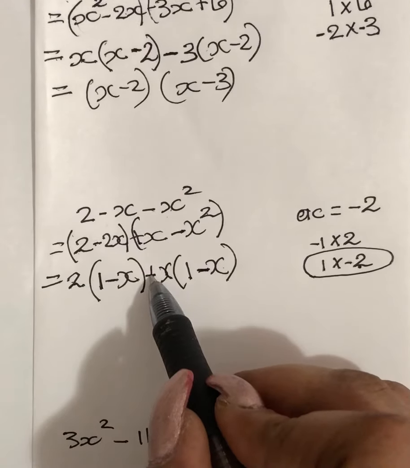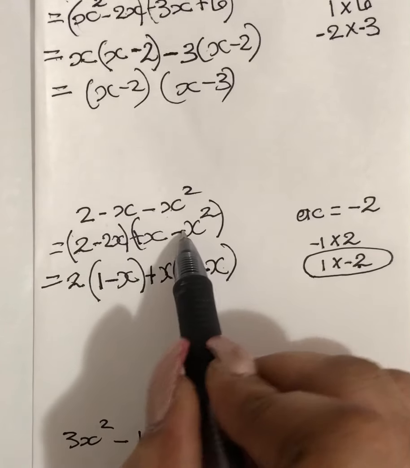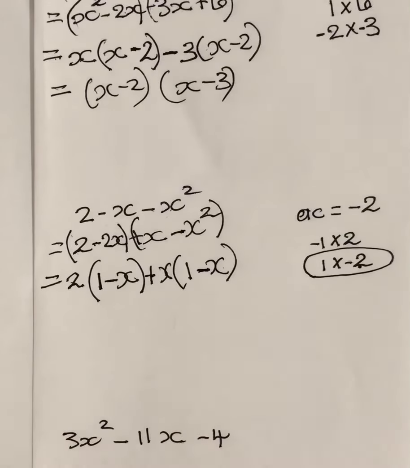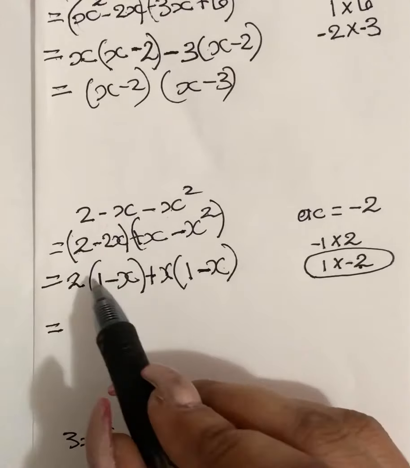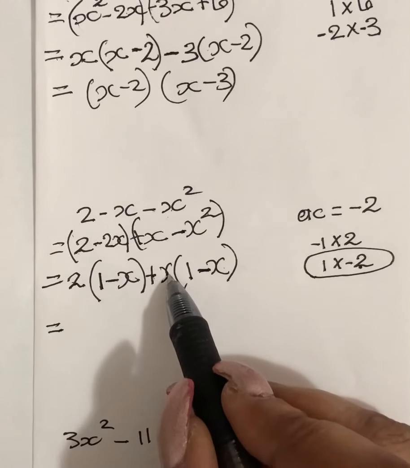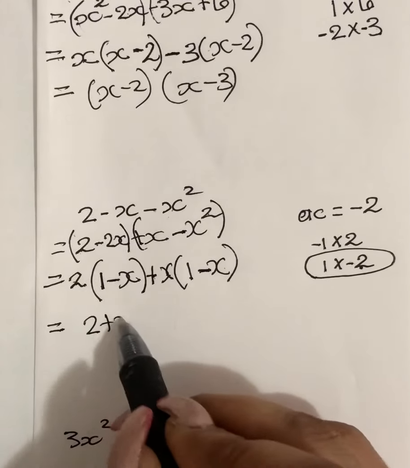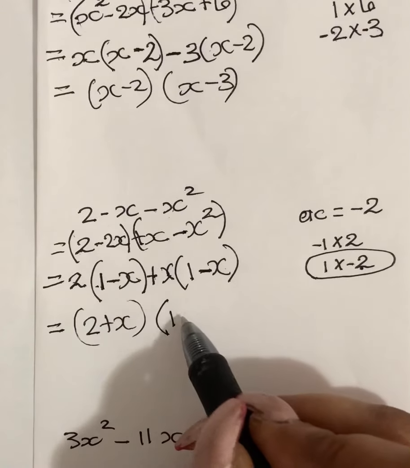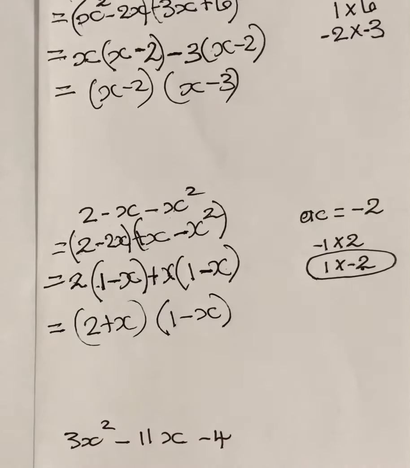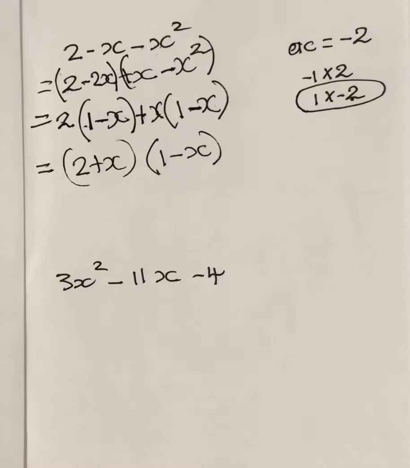Because a positive by a negative gives a negative. We put together and we write our answer. The larger will be 2 plus x. 2 plus x is larger than 1 minus x. That's our answer. I'm going one more time.